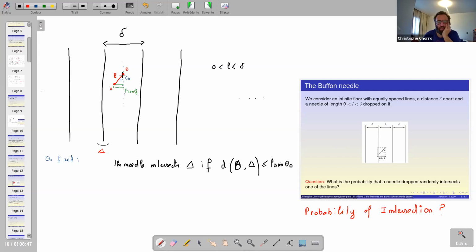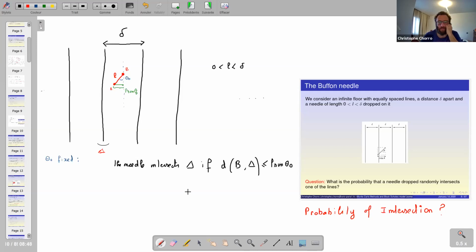If B has a distance that is less than L sine theta 0 from delta, I am sure that the needle will intersect this line. So the needle intersects delta if the distance between B and delta is less than L sine theta 0.